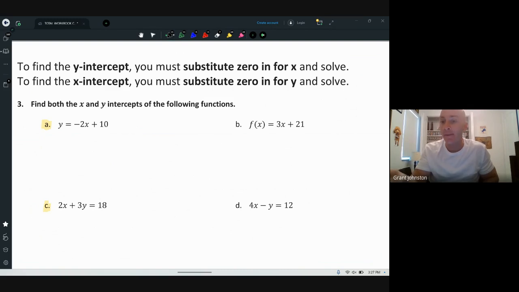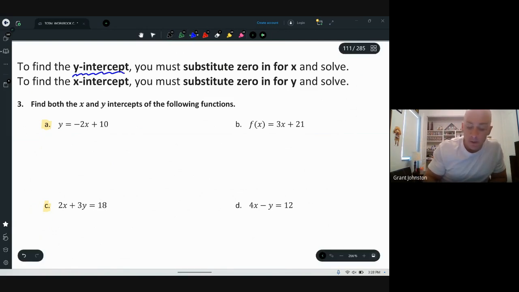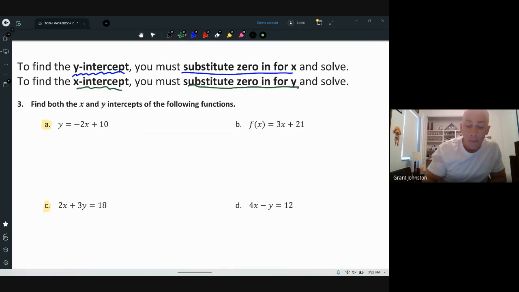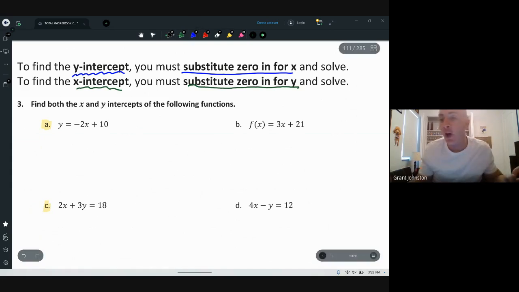The y-intercept is 10. But let's just humor me here. We're going to do the math for it. As you can see up here, to find the y-intercept, substitute 0 in for x. To find the x-intercept, you substitute 0 in for y. So let me do the y-intercept first. And again, we know it's 10.